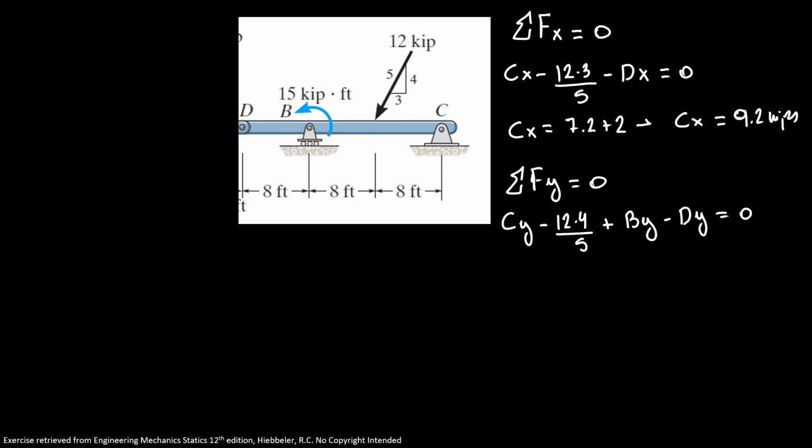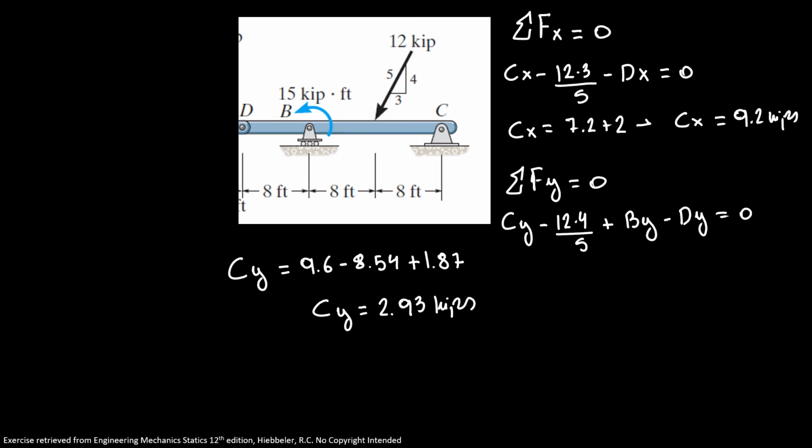So here we have Cy, it's equal to 9.6 minus 8.54 plus 1.87. So our Cy is equal to 2.93 kips. And then we finalized our exercise finding all the reactions.